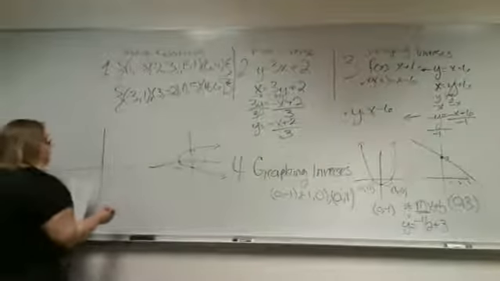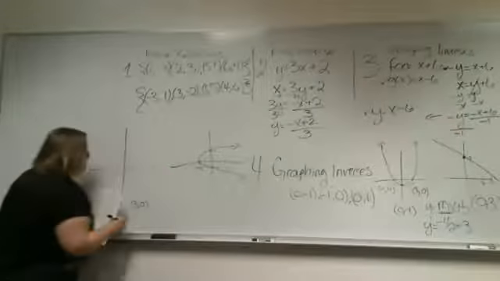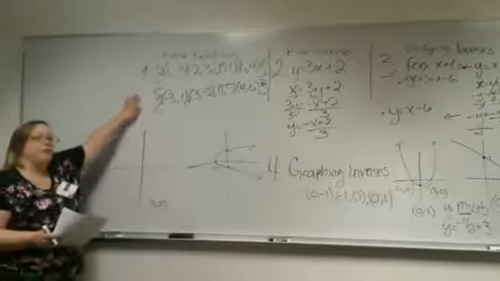So over here, we have a point at 3, 0, from our inverse relations.